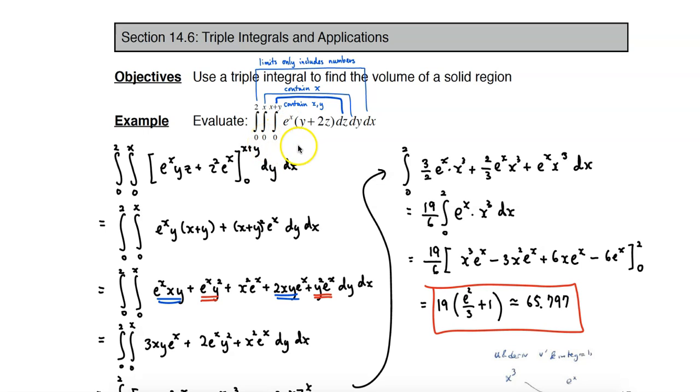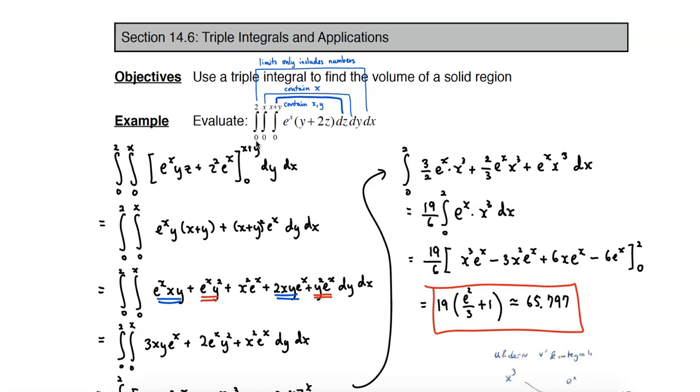In the innermost integral, it's an integral in terms of z. It is okay to have x and y in the boundaries of the integral. Then in the second step, we are integrating in terms of y. It is still okay to have x. And then in the last integral, you shouldn't have any of the variables anymore.